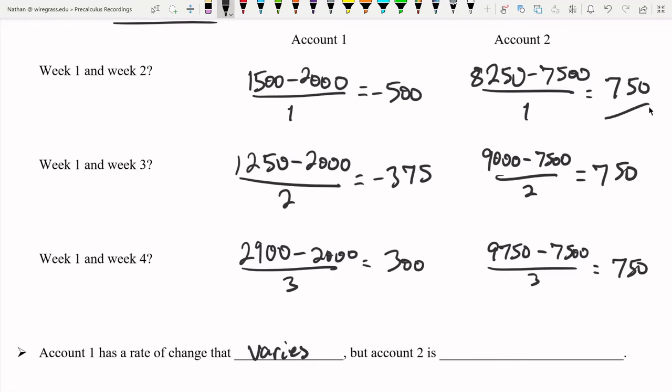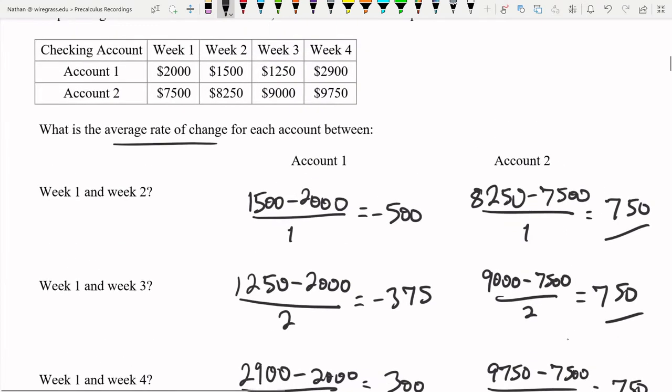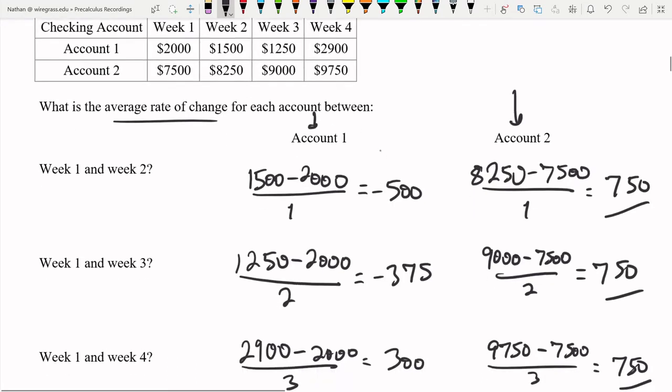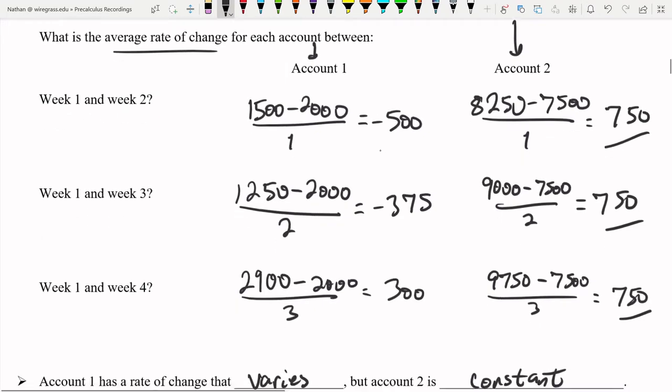But account 2, it's always 750. Account 2 is constant. And that's what the slope of a linear function is. It's a constant rate of change. This account 2, I should say, is linear. Account 1 is not linear. It varies so that you can't have a linear function to describe it.